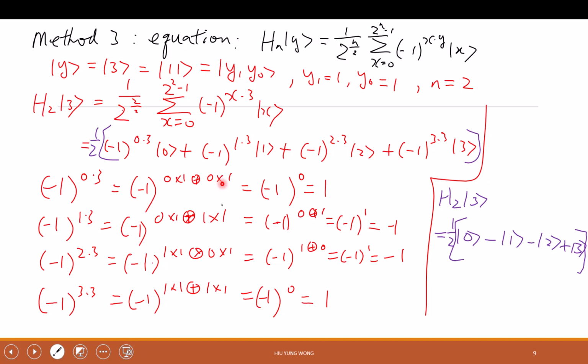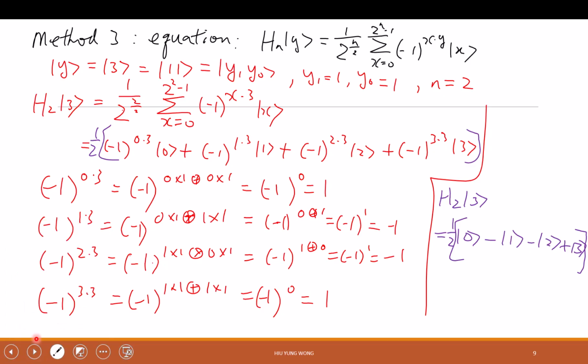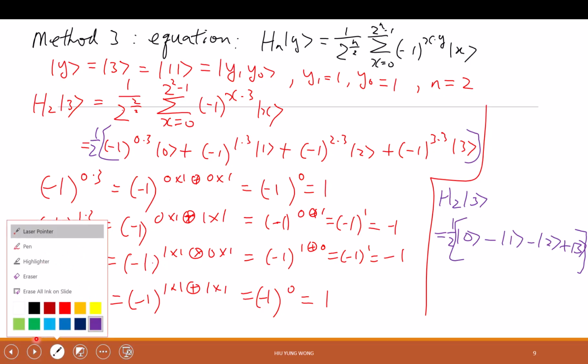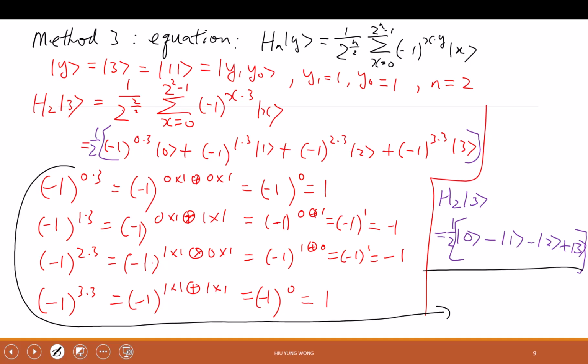Yeah. Okay. That is because he's asking, how do you get this? Again, here is this. Let me just go here. So here is x equals 0, equals 0, 0. y equals 3, equals 1, 1.